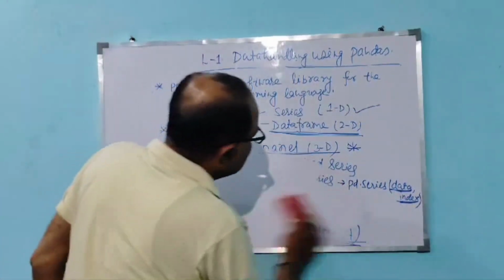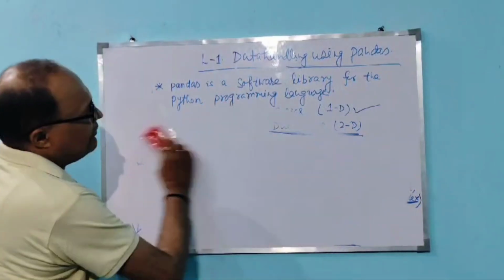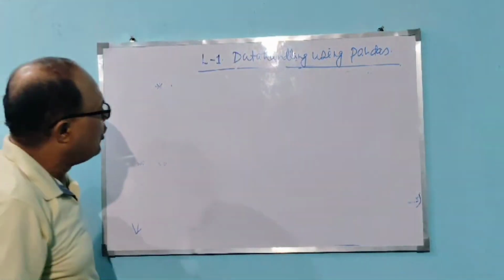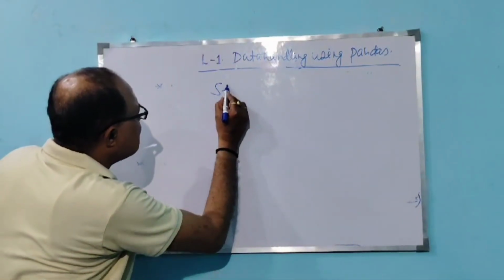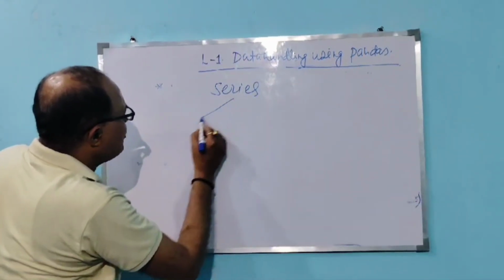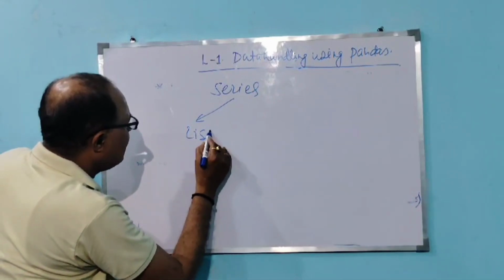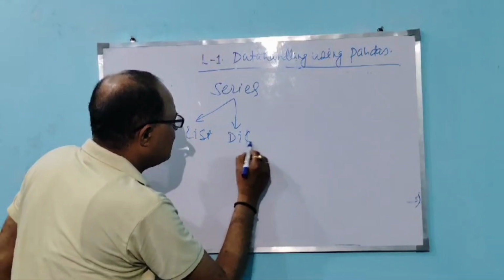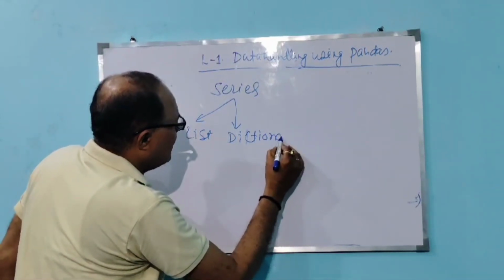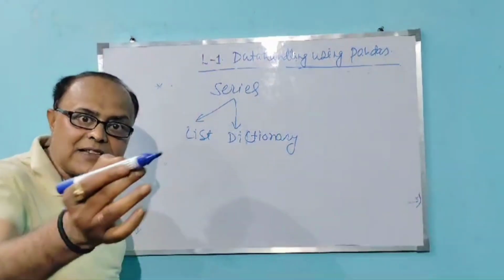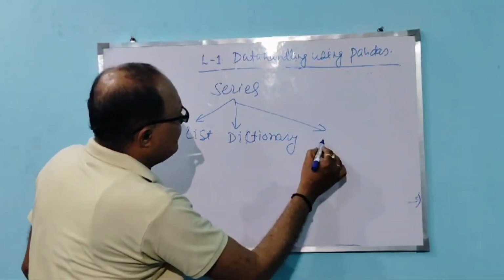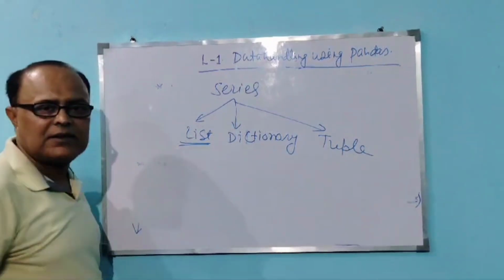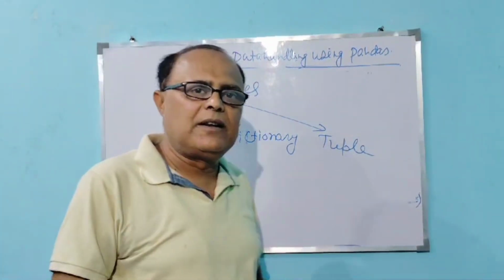I am going to discuss the different ways of creating a series, and how we can create one. Let us see what a series is. We can create a series by using a list, by using a dictionary, and the next one is a tuple. You all know what a list is, you have already done it in class 11.